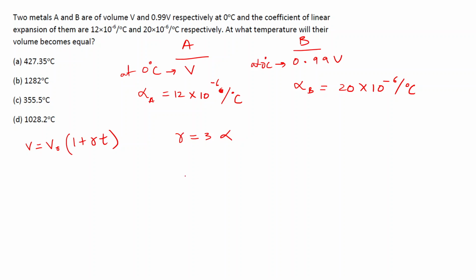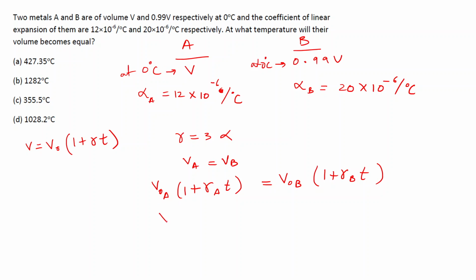so we need to find out at what temperature these volumes will be equal. That means at what temperature VA will be equal to VB. Using this, V naught A times 1 plus gamma of A, and the temperature difference is same, equals V naught B times 1 plus gamma of B. What is the volume at 0 degree centigrade?